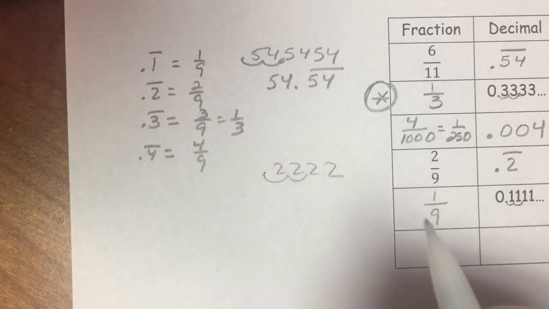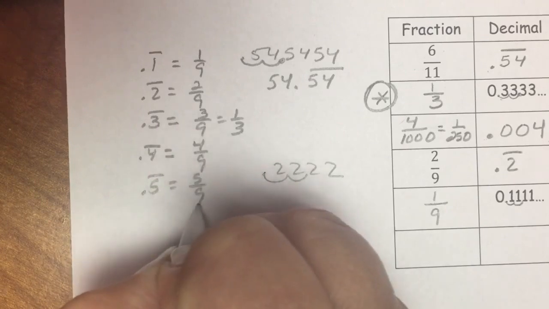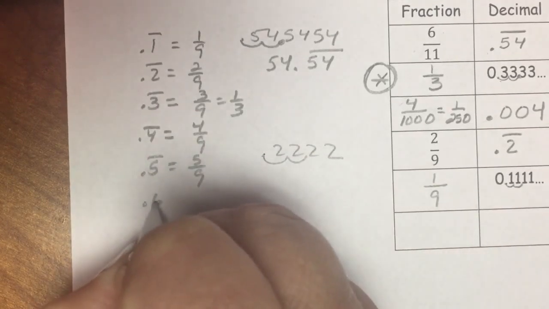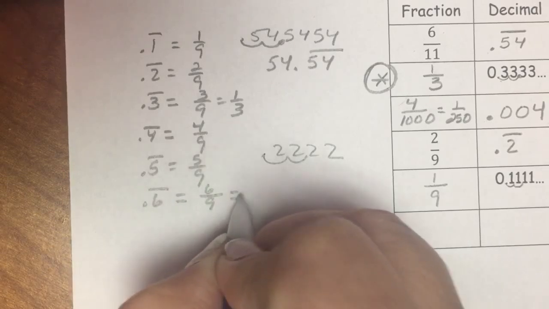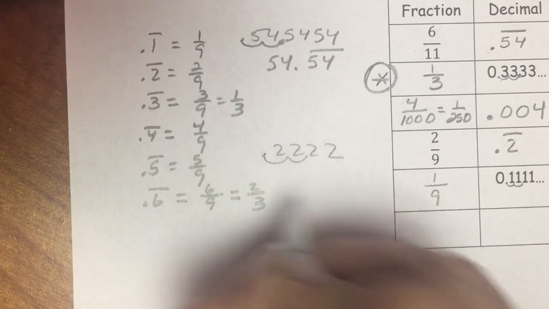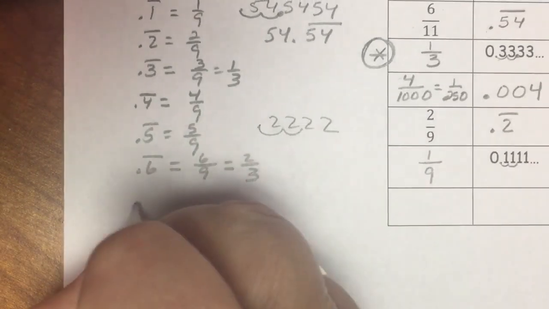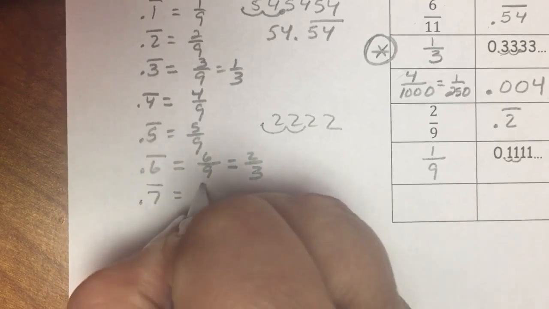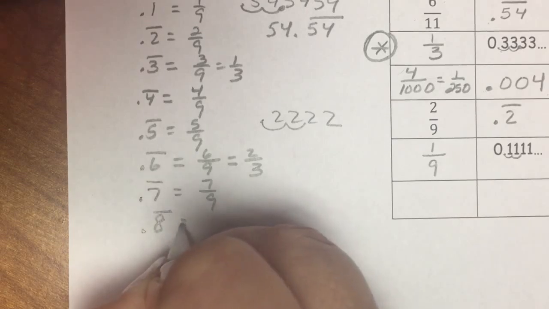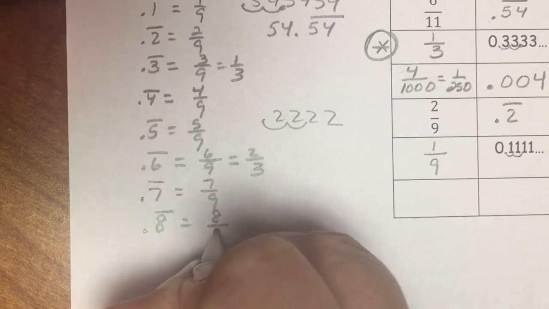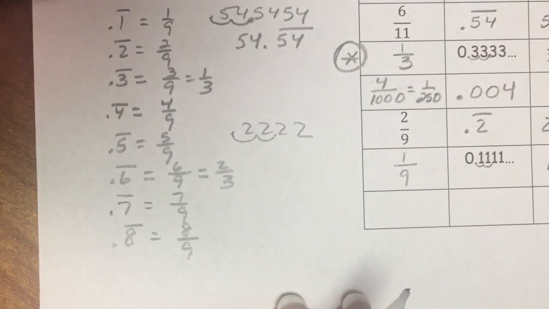This will make it easier for you to memorize. 0.5 repeating is 5/9. 0.6 repeating is 6/9, but 6/9 reduces to 2/3 because I can divide top and bottom by 3. 0.7 repeating is 7/9. 0.8 repeating is 8/9. So this will help you memorize those.